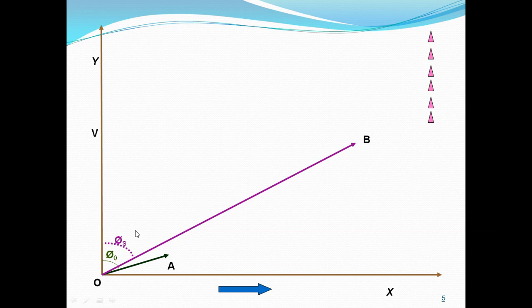The vector AB represents the rotor current I2 dash as referred to stator.